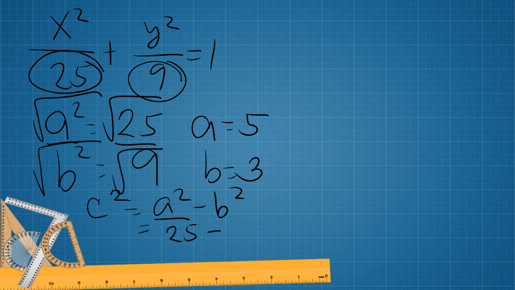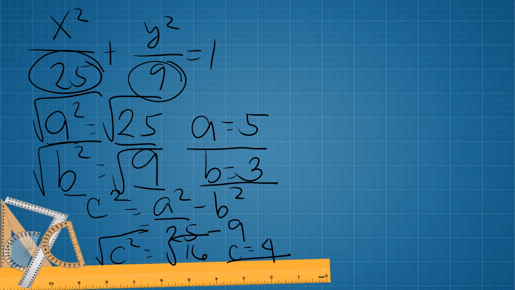Instead of writing b squared, we have b squared equals 9, so we're going to write 9. So, we have c squared is equal to 16. And in order for us to find the value of c, since naka-squared pa si c, we need to get the square root of both sides. So, c is equal to 4. Therefore, the values of a, b, and c: a is equal to 5, b equals 3, and c equals 4.